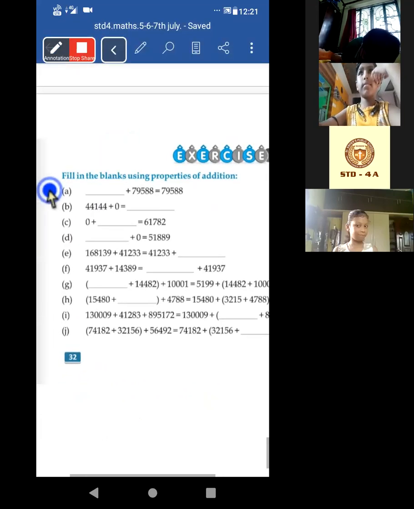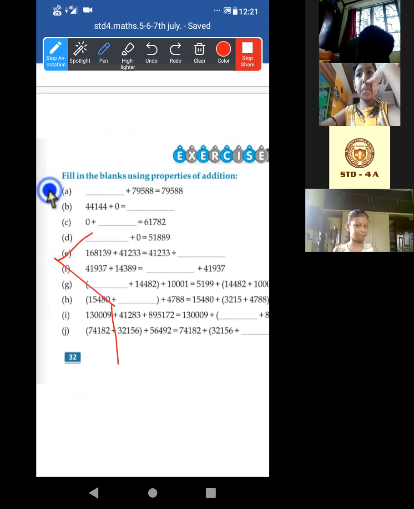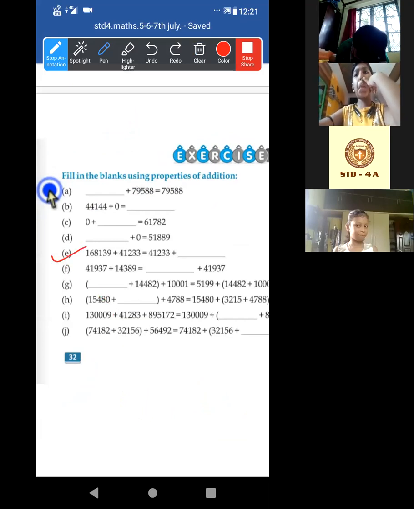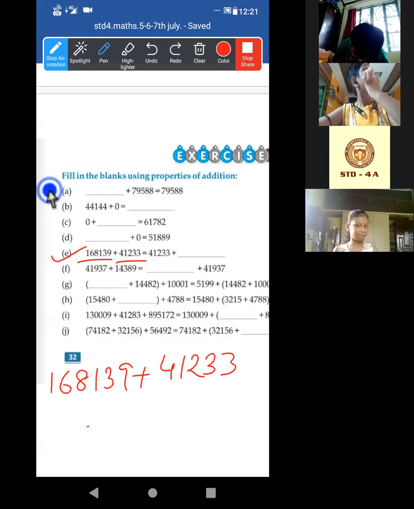It is commutative property. Look at this. Look, first number we are adding plus second number, another number. First number is 1,68,139, plus we are adding 41,233. Just this place should be changed. First one will come last, last one will come first.